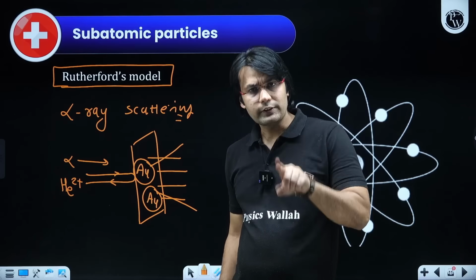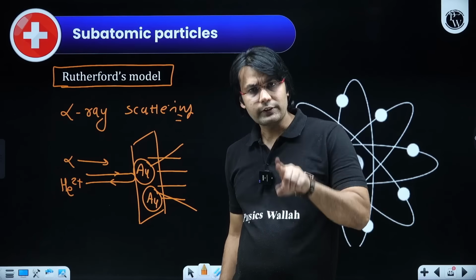Also, Planck said that the energy of one quanta, the energy of one packet, can be calculated by the formula h into frequency, where h is Planck's constant and nu is the frequency. So basically, for any quanta, the energy is directly proportional to the frequency of the wave.